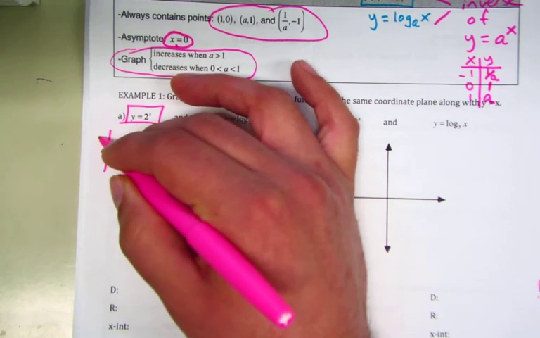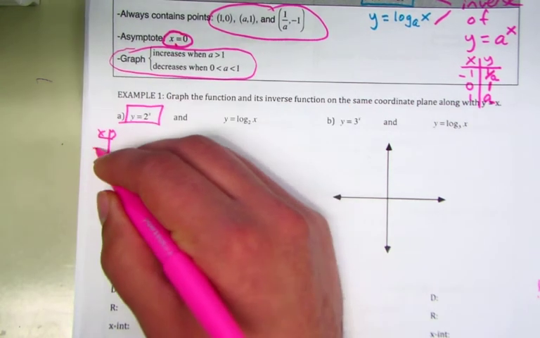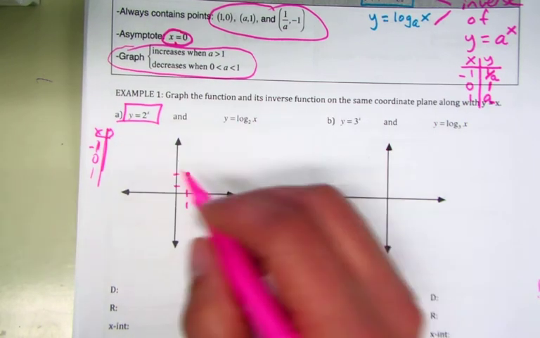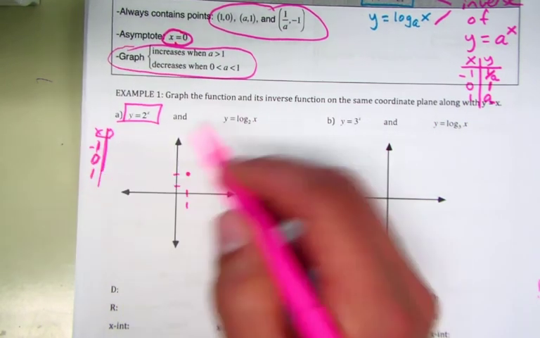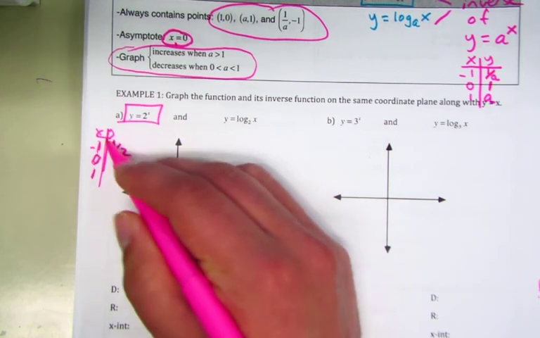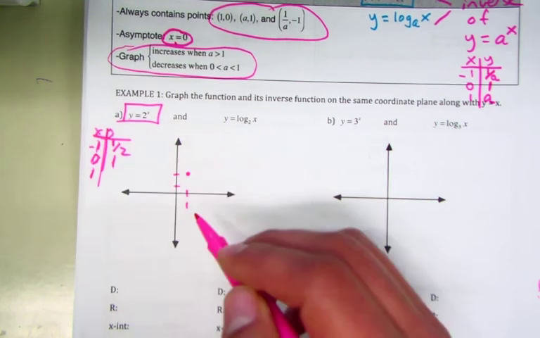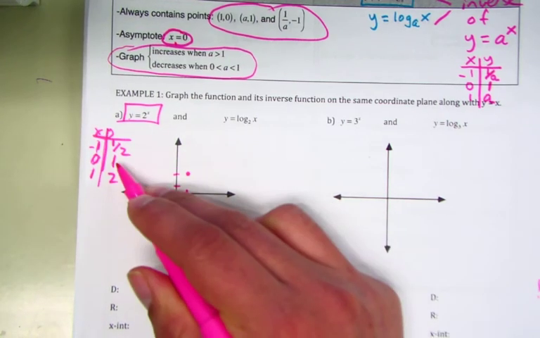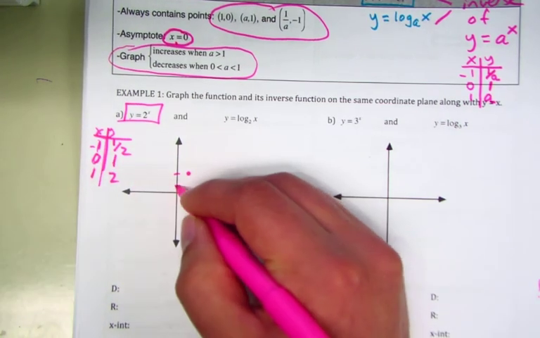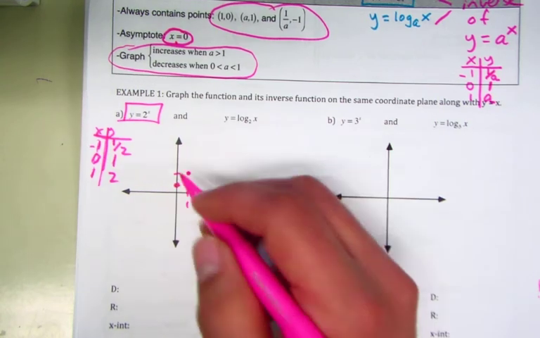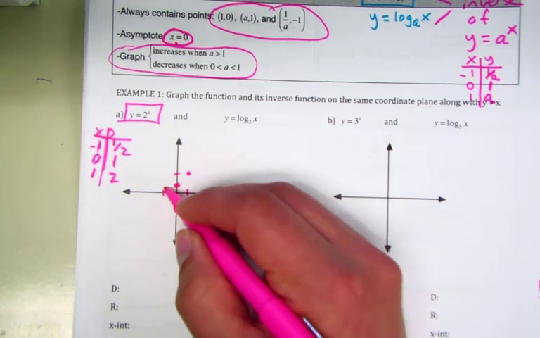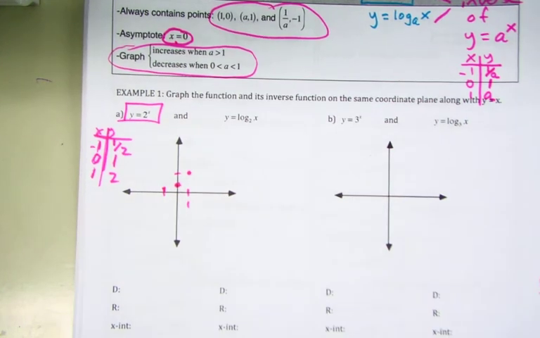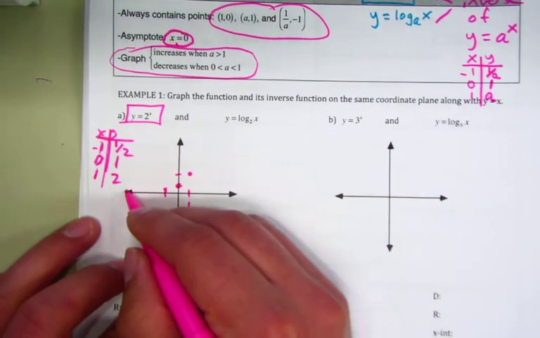Let's make a table first, maybe. Negative 1, 0, 1. What are the points? 1 over 2. Okay, so 1, 2. There it is, right? 0, comma 1, right here. Negative 1, and now we're up a little bit, but not quite on the x-axis. And so we get this.